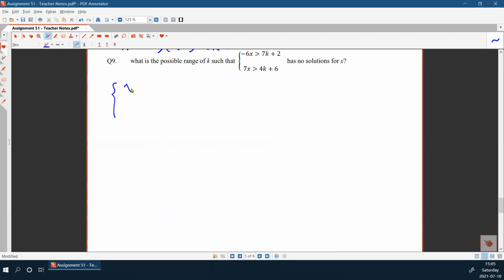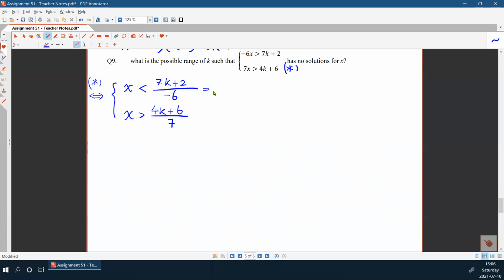That means when we divide both sides by minus 6, you need to change the inequality symbol, right? System star is equivalent to x is smaller than (7k plus 2) over minus 6, and also x should be greater than (4k plus 6) over 7, right?